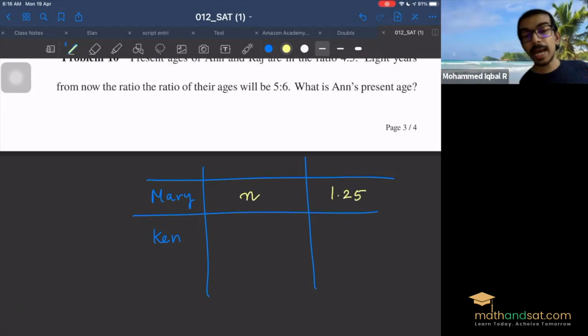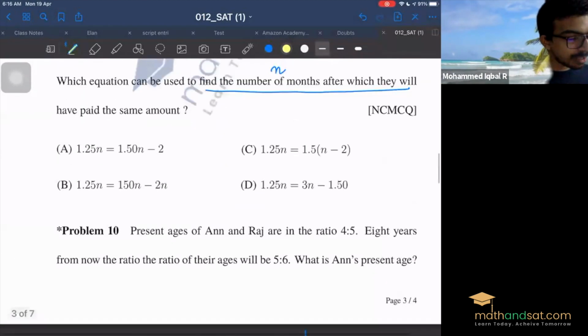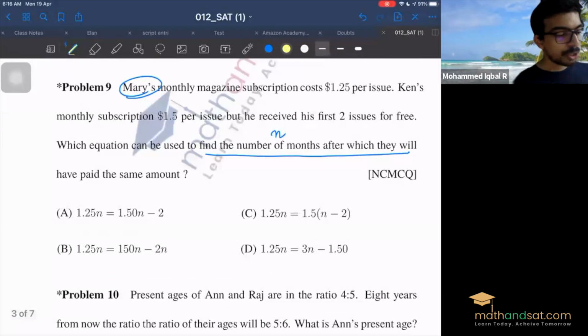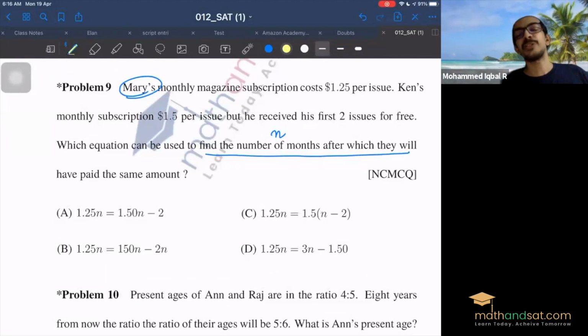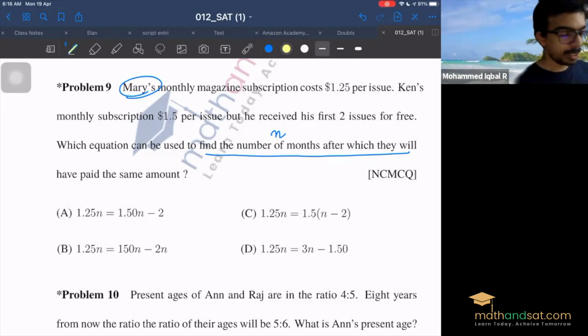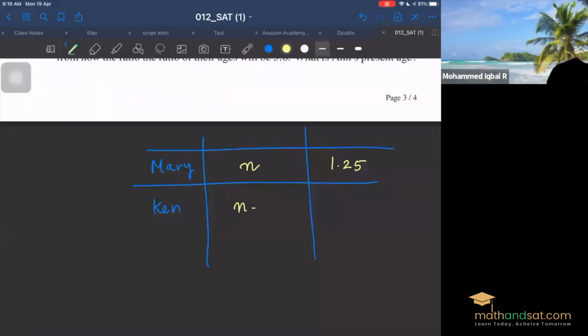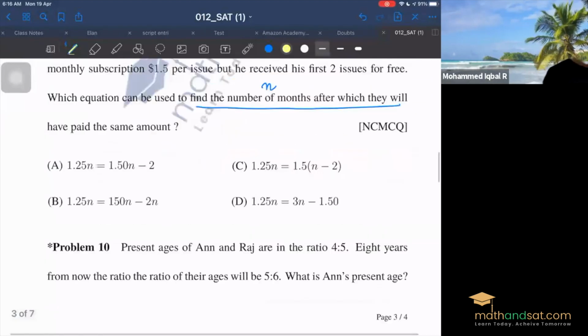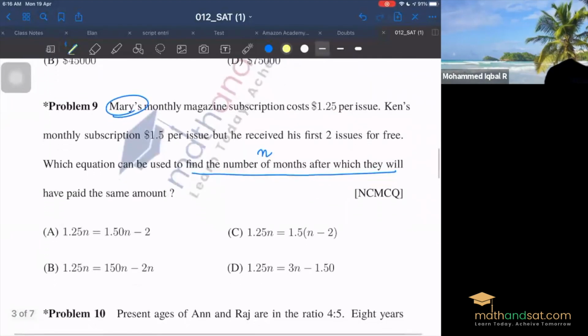Ken, on the other hand, is paying a higher subscription fee, but he received the first 2 issues for free. So in fact, he did not pay for n months, he has only paid for n minus 2 months, at a higher subscription fee of $1.5 per month.